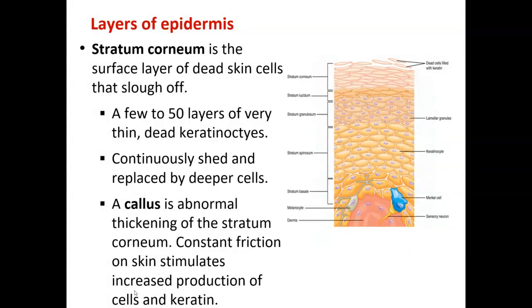And this word callus says abnormal thickening of the stratum corneum, and that just happens, your skin gets thicker like that, if there's some abnormal rubbing on skin in certain locations of your body.